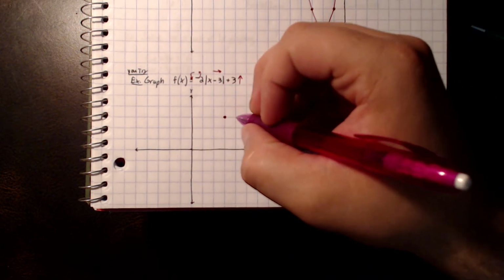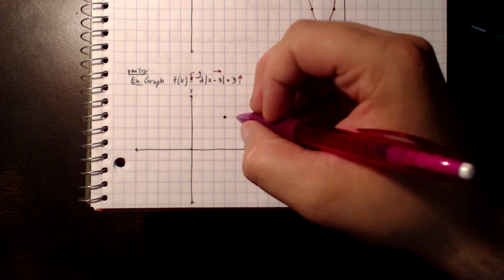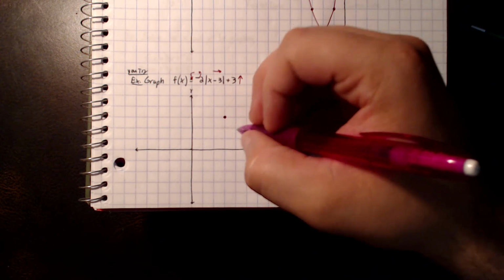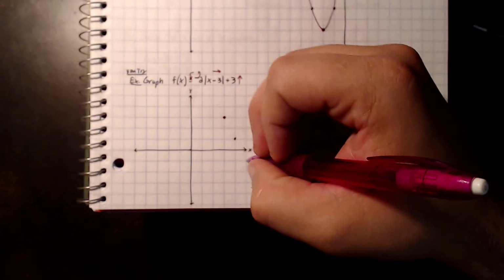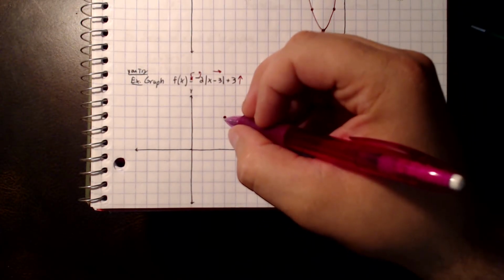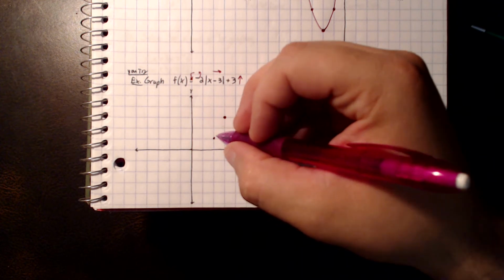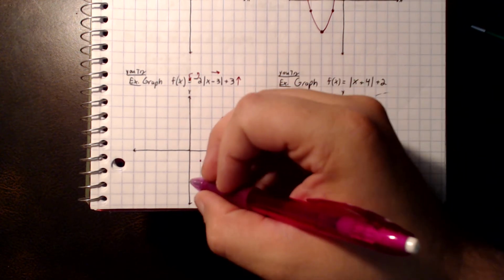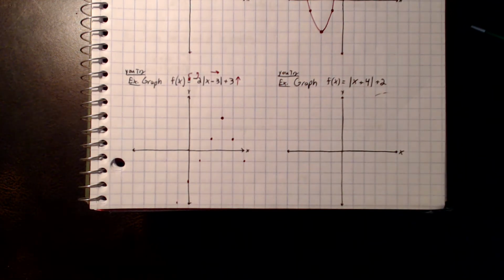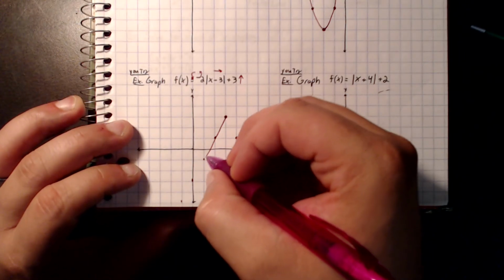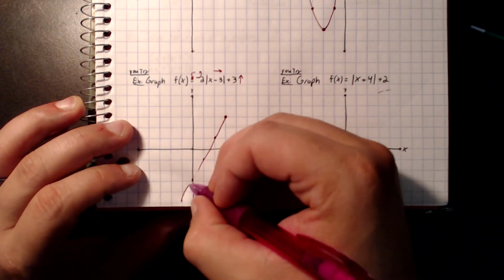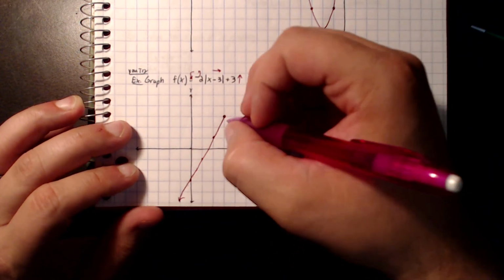So instead of going 1 over 1 up, I would need to go 1 over 1 down, but that down doubles, so it would actually be 1 over 2 down. Back to my vertex, 1 over 2 down, just in the opposite direction. And that's what that particular function looks like. We just need to connect those points.